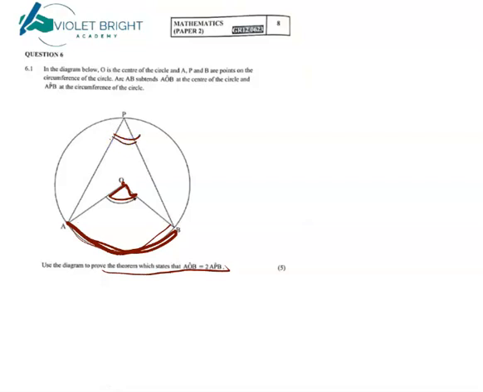So now, how are we going to do this? The first thing that we need to do: this is a circle, it's not a cyclic quad, unfortunately. But let's do this first.